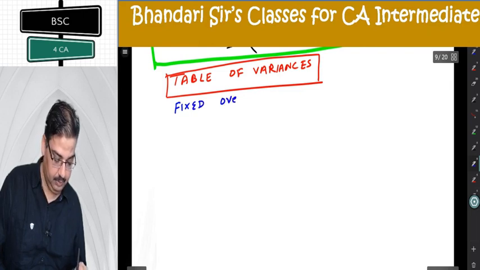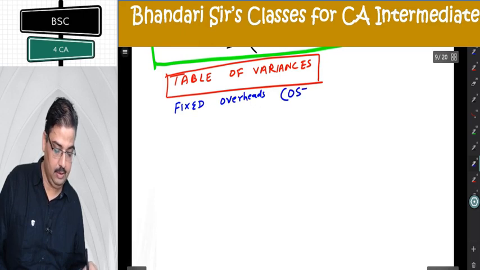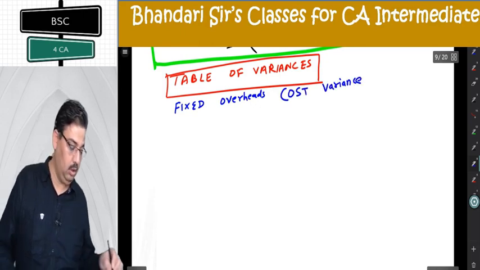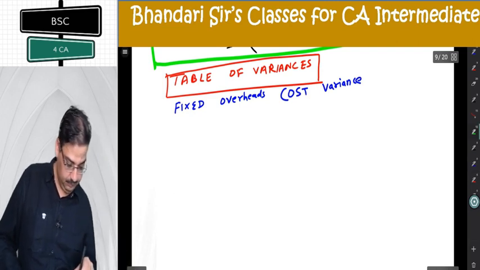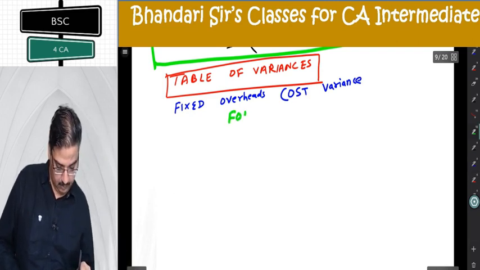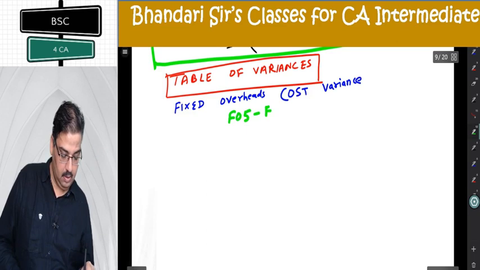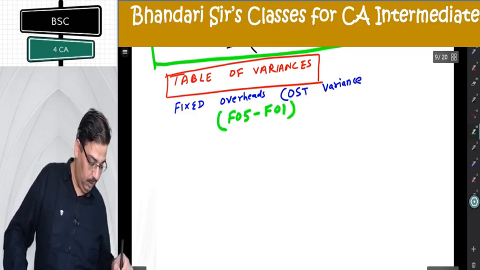Fixed overheads cost variance: FO5 minus FO1.